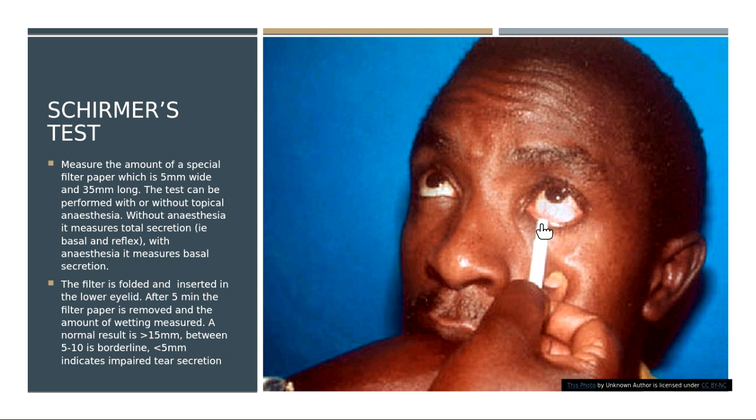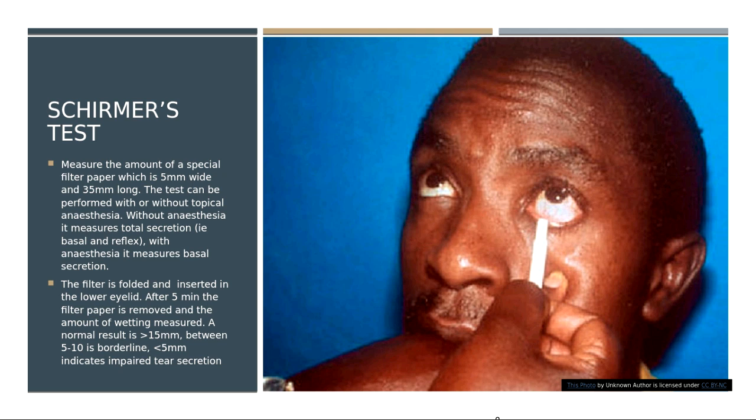After 5 minutes, at least 15 millimeters of the filter paper should be wet. Less than 5 millimeters would indicate impaired tear secretion, and 5 to 10 millimeters of wetting is considered borderline. Okay, so that's a Schirmer's test. So that's 3 tests that we do to assess a dry eye.